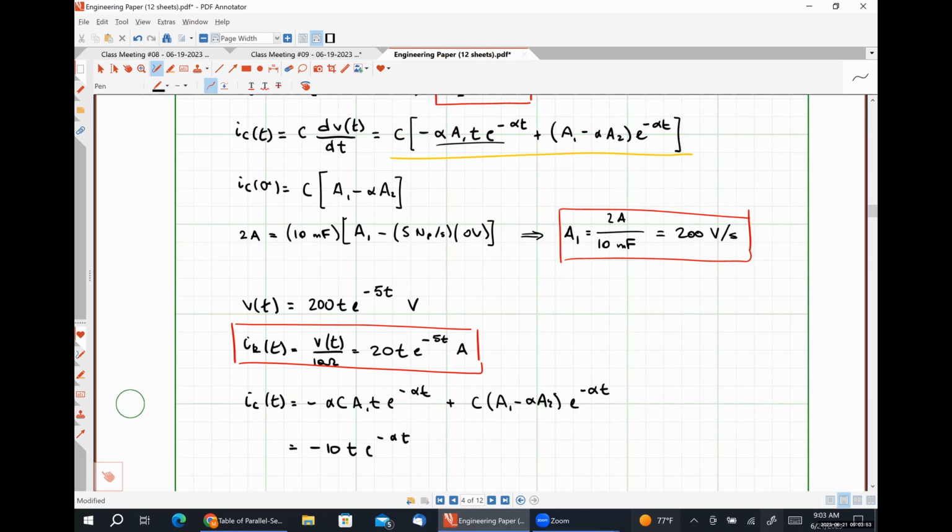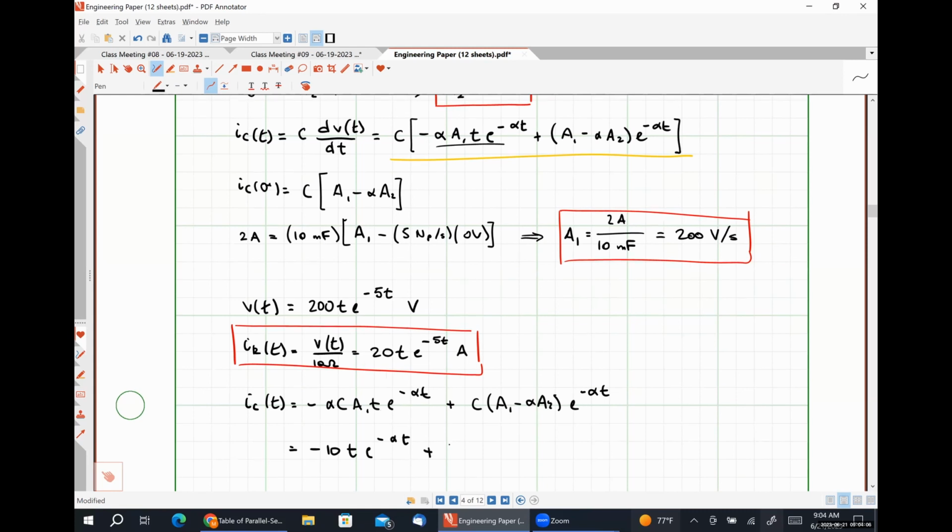And then I'm going to have C, which was 0.01, times A1, which was 200, minus 5 times 0. It's going to look like 2, so that'll be plus 2 e to the negative 5t. Since I know alpha, I'm going to put 5 there. Let me fix that really quickly.